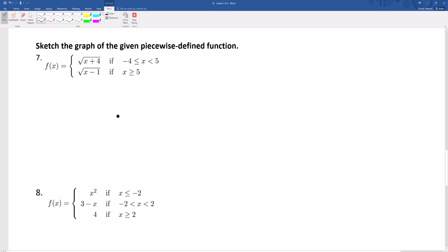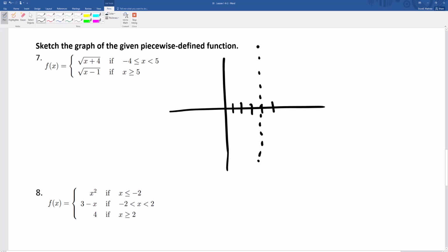For your piecewise functions, to remember, it looks like between negative 4 and then 5. So this is the square root of x plus 4. That's here.